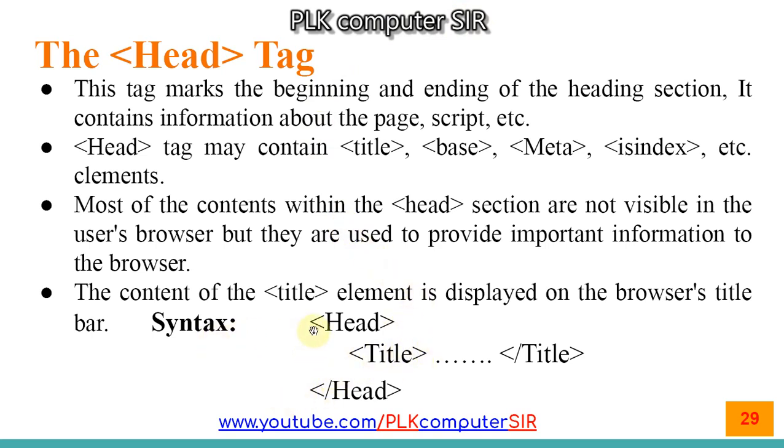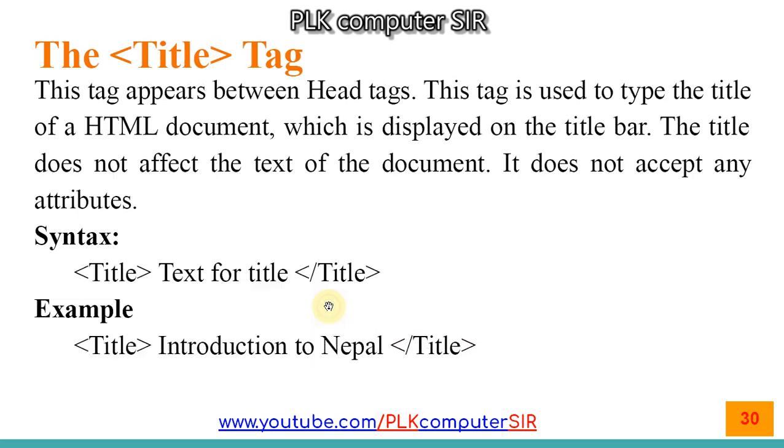So the syntax is head, title, title close, head close. So title will be inside the head tag. The title tag appears between the head tags; between head, title will be located. This tag is used to type the title of an HTML document, which is displayed on the title bar. The title does not affect the text of the document.